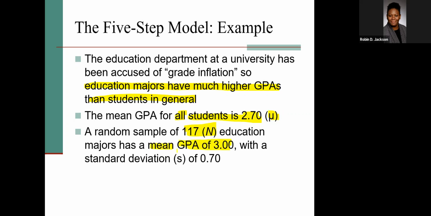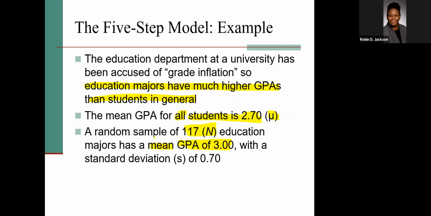3.0. Now, we don't have the population standard deviation. They didn't say that up here. Remember, when you're looking at these problems and questions, look at what's in there very carefully. If they had said the mean GPA for all students is 2.70 with a standard deviation of something, then we would know that's the population standard deviation, but that's not what this problem says.